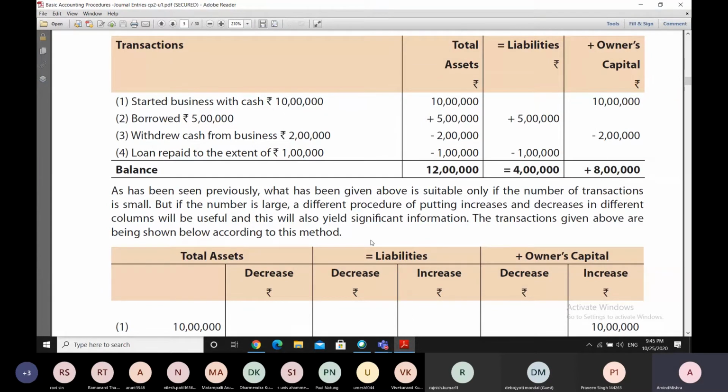But of course, what has been given above is suitable only if the number of transactions is small. If we have a lot of transactions, if the number of transactions is more, we adopt a different procedure of putting increases and decreases in different columns, and that will be more useful and will lead to more significant information.